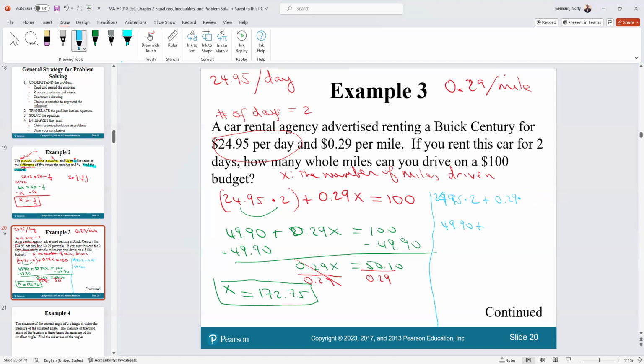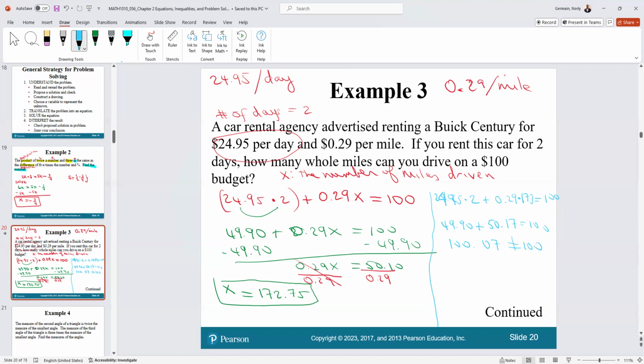If we take the whole number 173, we want to see if it's equal to 100. So 0.29, let me do it with my calculator, 0.29 times 173 gives you 50.17. We said if you add 49.90 to it, it gives you 100.07. You have 7 cents over. It's not equal to 100.